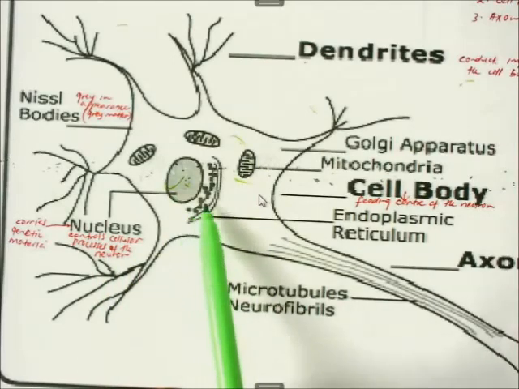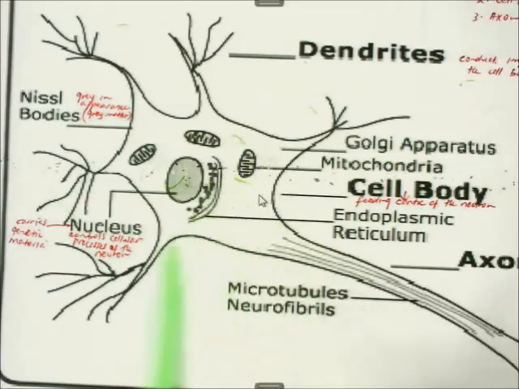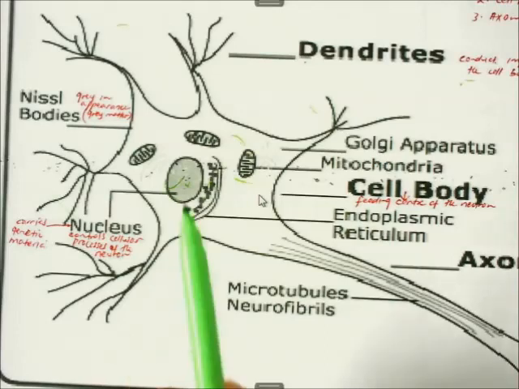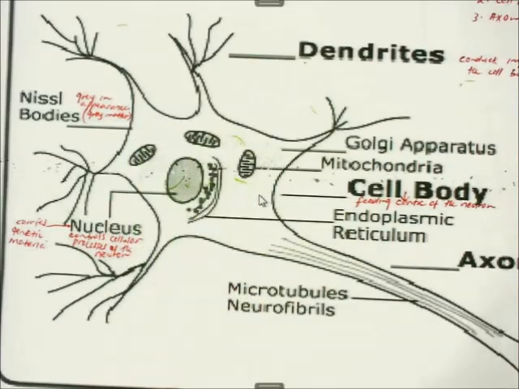And then from there we have the ribosomes. We know very well that ribosomes are the site for protein synthesis. And then the other structures found inside the cell body are the Nissl bodies. These Nissl bodies are gray in appearance.